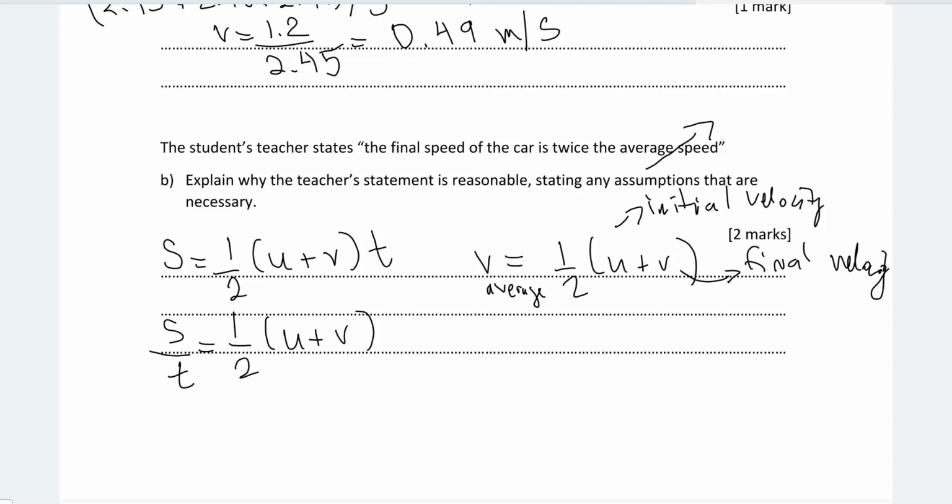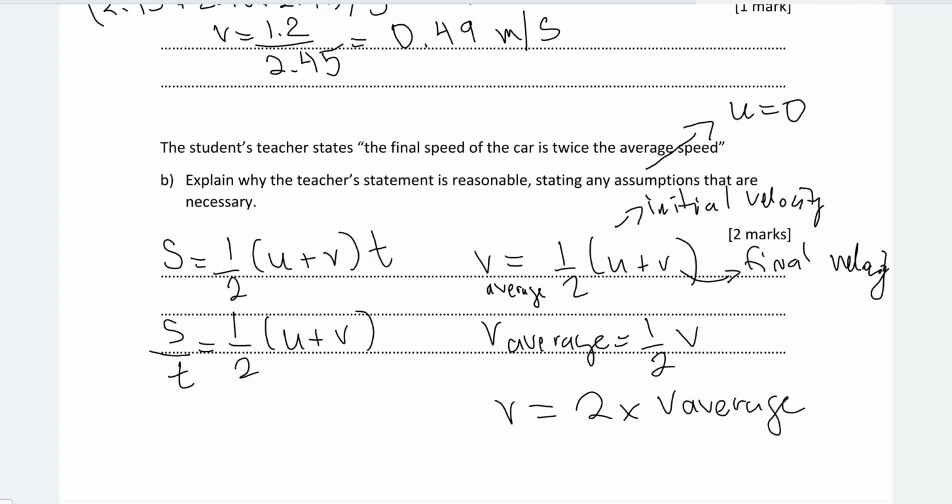The first one is that u is equal to 0, or the initial velocity is equal to 0. The other one, which they probably don't want you to write, is that this will only work if the acceleration is constant, which in this case it is, because we're talking about gravitation. So if u is equal to 0, then v average is equal to a half times the final speed, or the final speed is equal to 2 times v average.